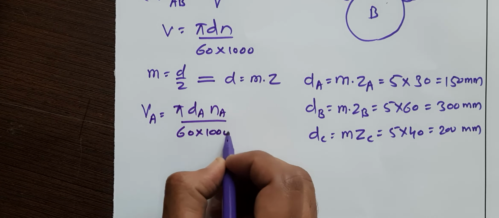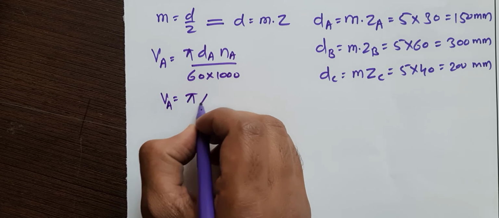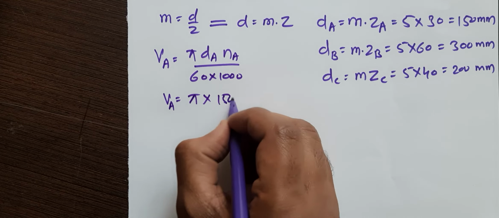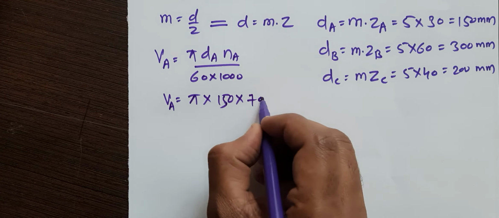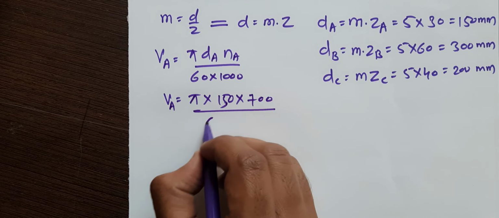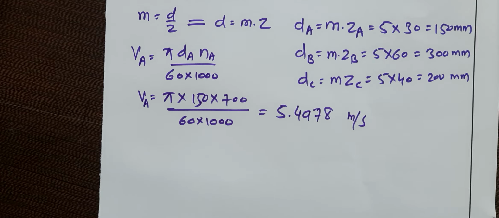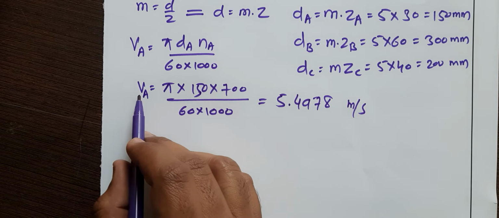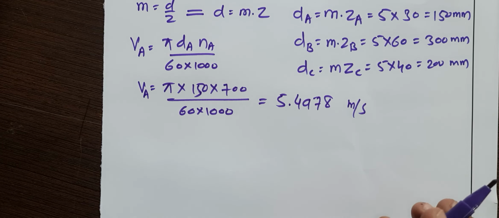Now we'll find pitch line velocity of gear A, which is equal to pi dA NA divided by 60 into 1000. So VA is pi into dA, which is 150, NA is given as 700, divided by 60 into 1000. If you calculate it, you will get velocity VA as 5.4978 meter per second.